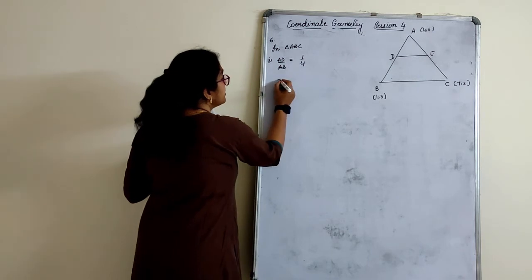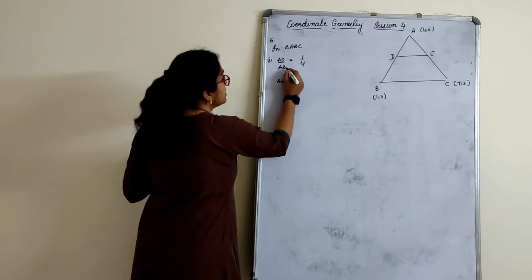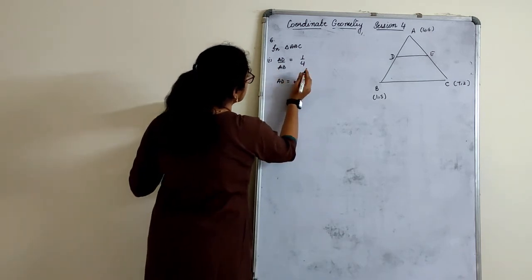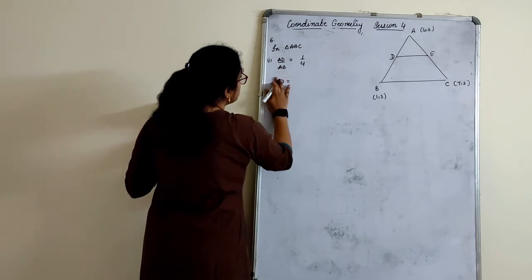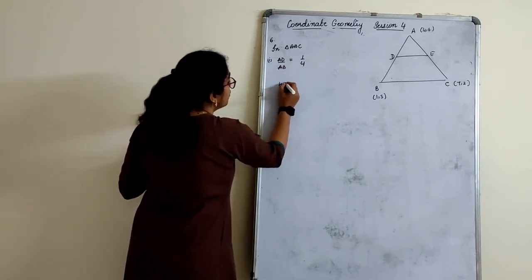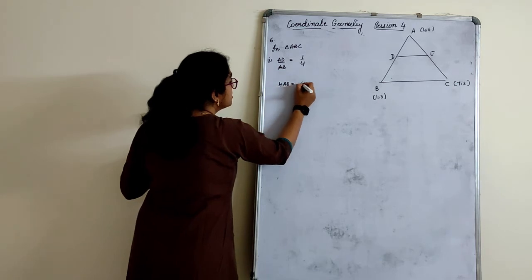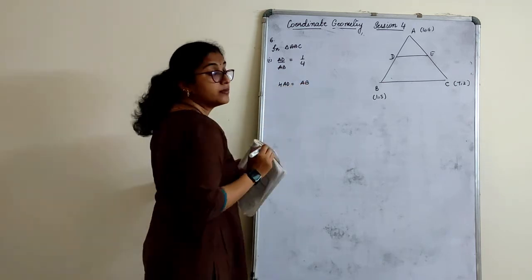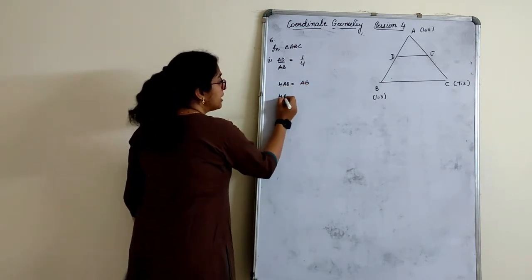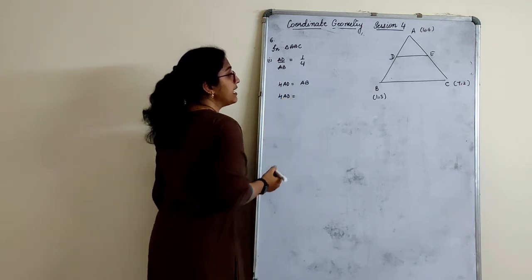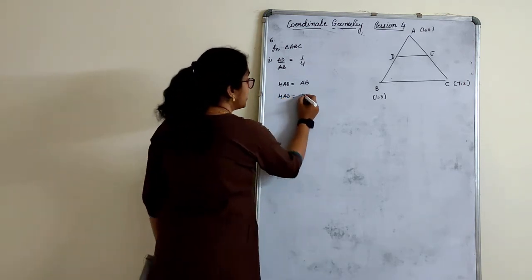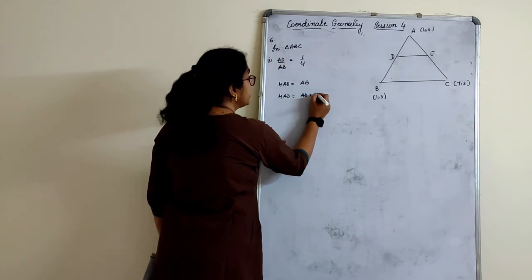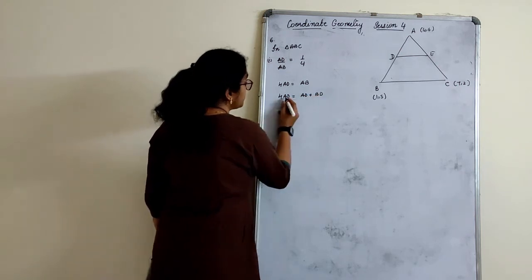So I will write here now AD is equal to, cross multiply with this, 4 times AD is equal to AB. How can you write AB? We have already done this type of sum. It can be written as AD plus BD.